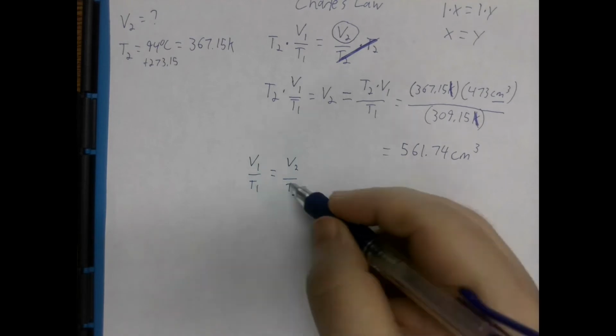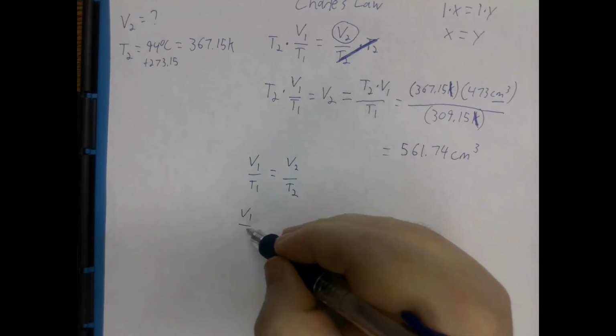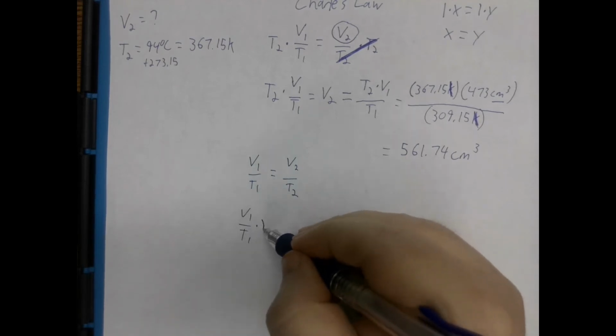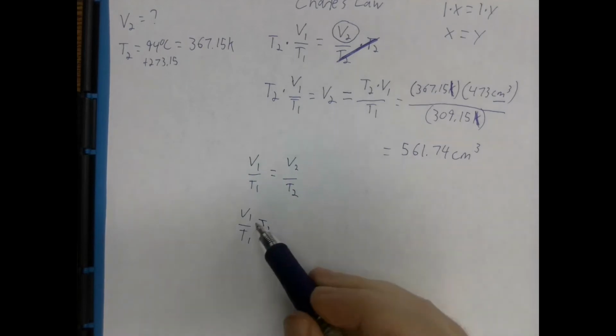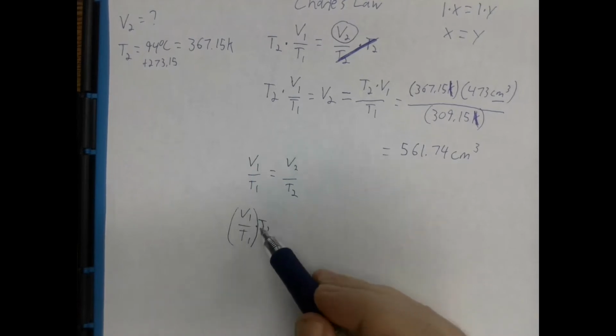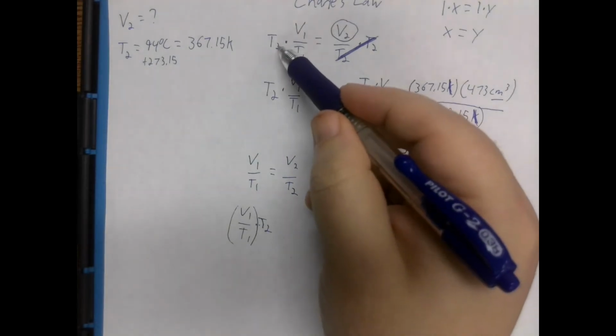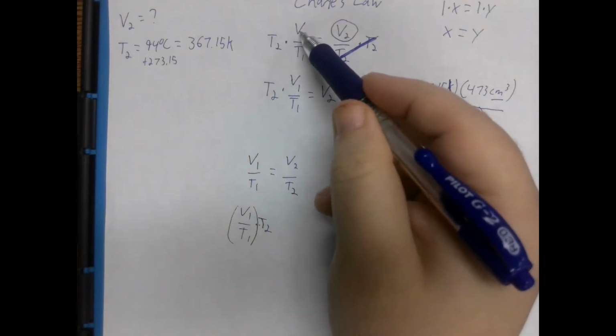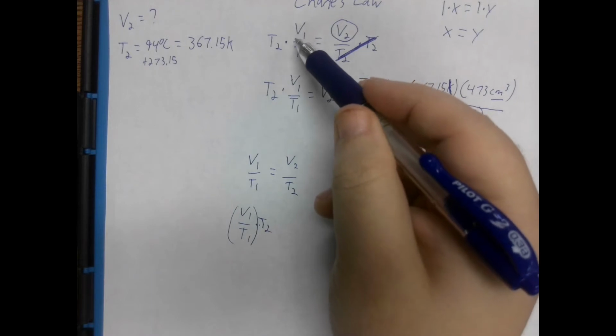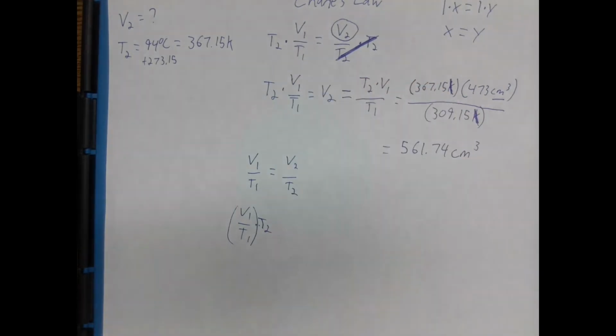You moved it from the right side to the left side by multiplying T2 here. Again, order of operations, it doesn't matter where the division and the multiplications are, they're the same level. So you did this in the calculator and then you multiplied it by T2. That's fundamentally the same thing as multiplying T2 by that. It doesn't matter what order, because multiplication and division are on the same level.